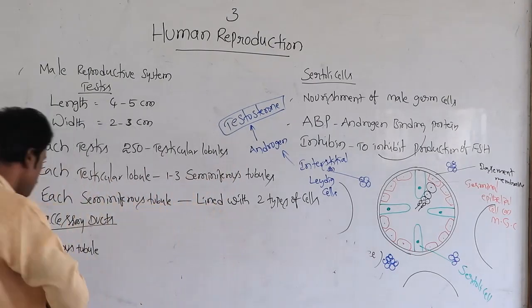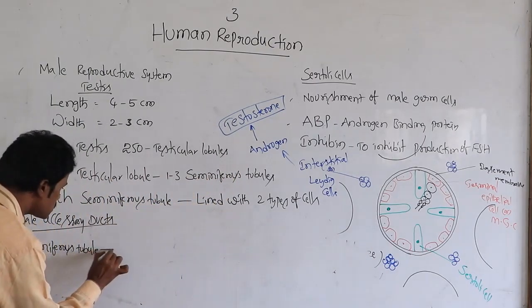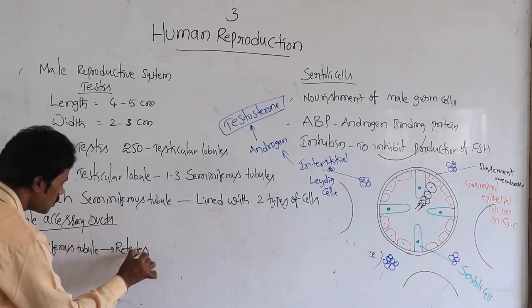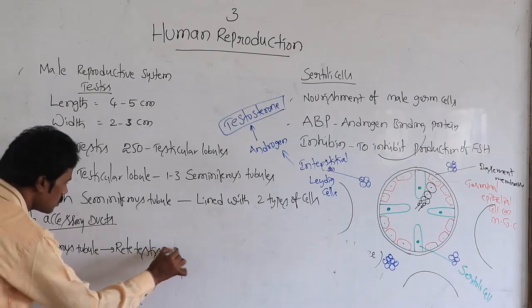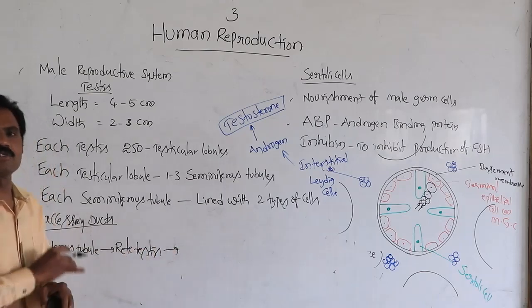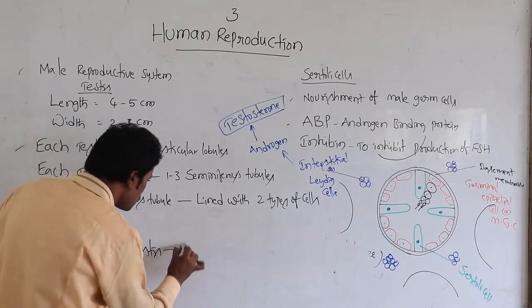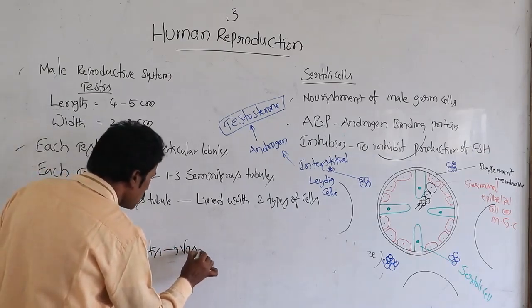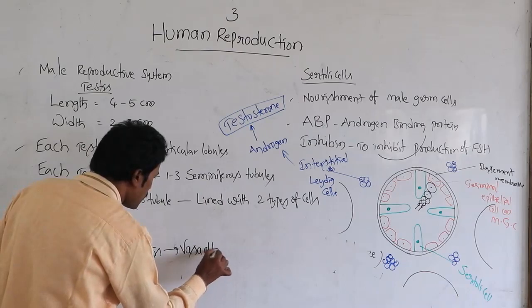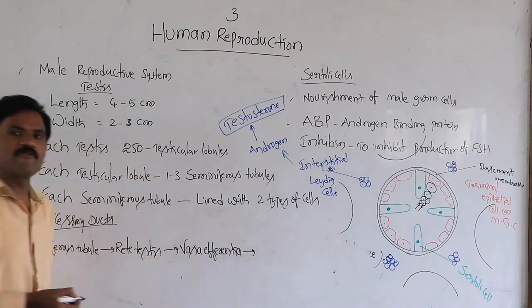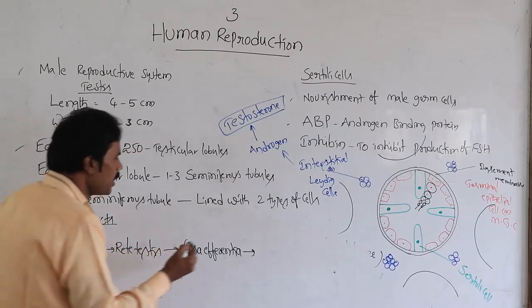That is rete testis. Then rete testis to vasa efferentia. Then vasa efferentia connect to the epididymis.